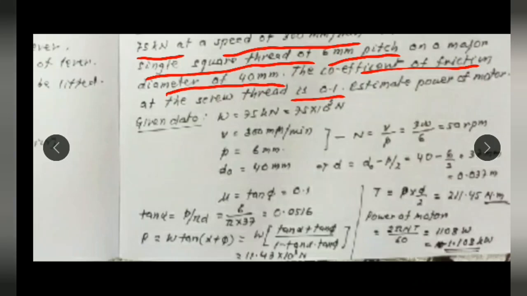Then what is the frictional torque required to operate the screw jack? By using the relation T equal to P into d by 2, where P is the force required, and this is our final answer. Also given that coefficient of friction mu equal to tan phi, which is equal to 0.1. We should calculate tan alpha equal to P by pi d. Because it is a single threaded screw, tan alpha equal to P by pi d.